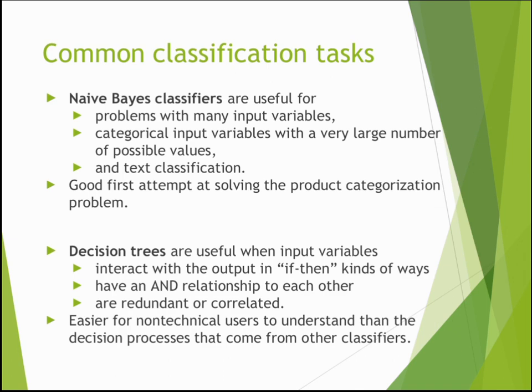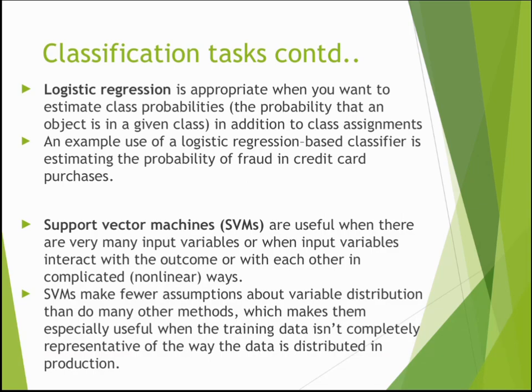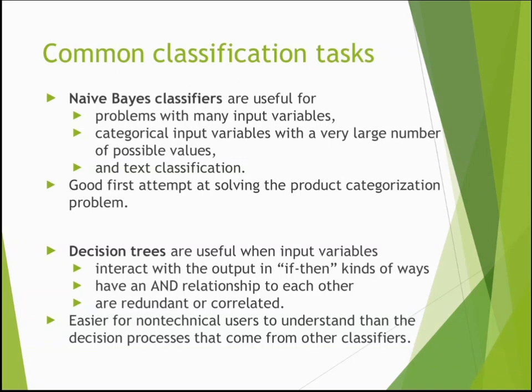Some common classification methods are naive Bayes classifiers, decision trees, logistic regression, and support vector machines. Naive Bayes classifiers are useful for problems with many input variables, categorical input variables with a very large number of possible values, or text classification.